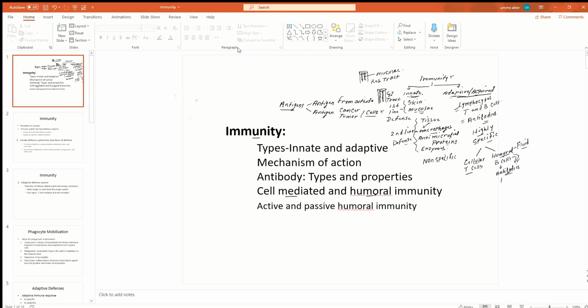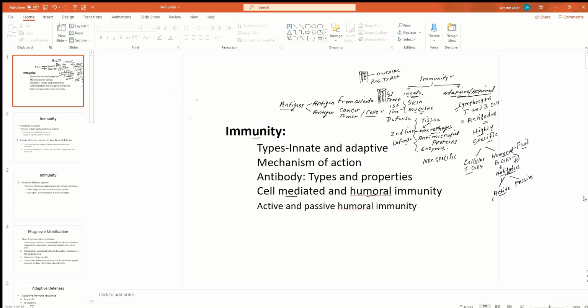Now antibody mediated or humoral is divided into two: the active humoral and passive humoral. So active and passive. Active is your body produces antibody in response to any antigen.